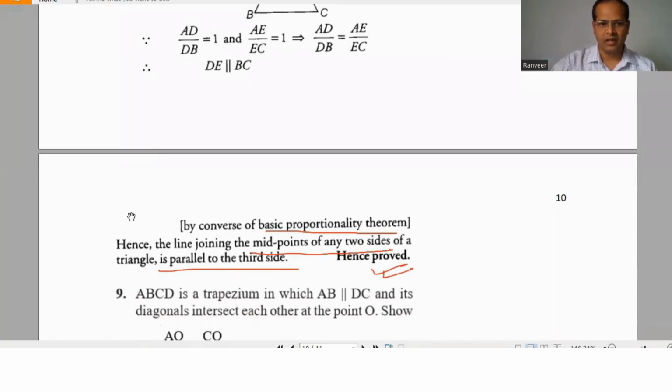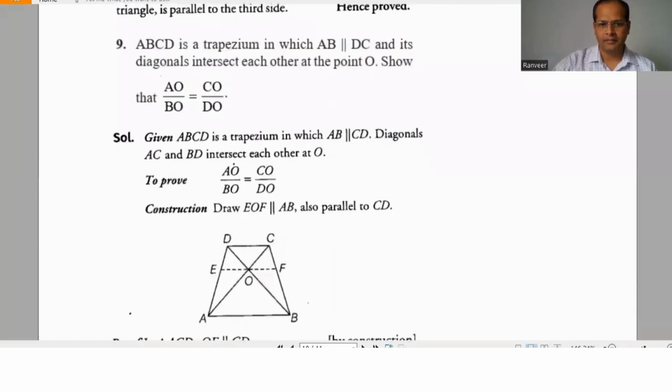Now, question number 9. ABCD is a trapezium in which AB is parallel to DC, and its diagonals intersect at the point O. We have to prove that AO by BO equals CO by DO.